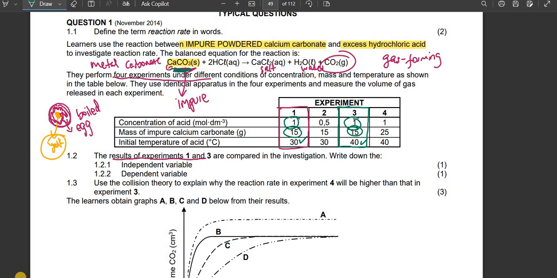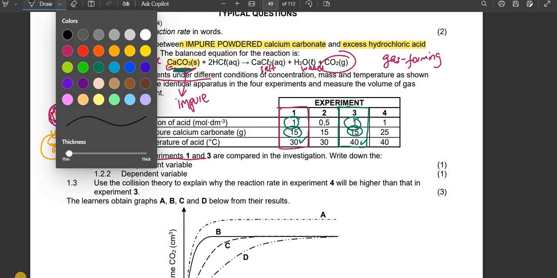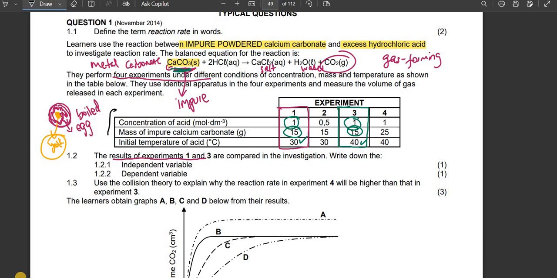So this means that these two become your controlled variables, and then this one becomes your independent variable. What is the dependent? It is always the rate of the reaction.